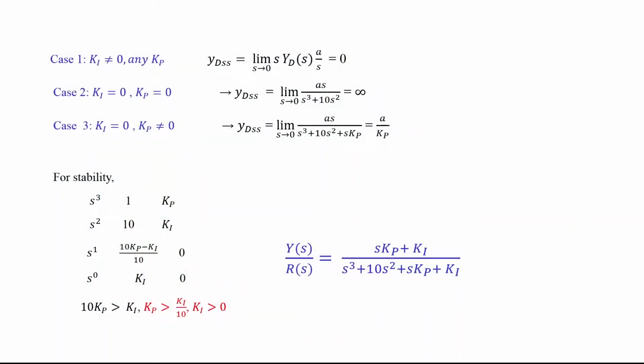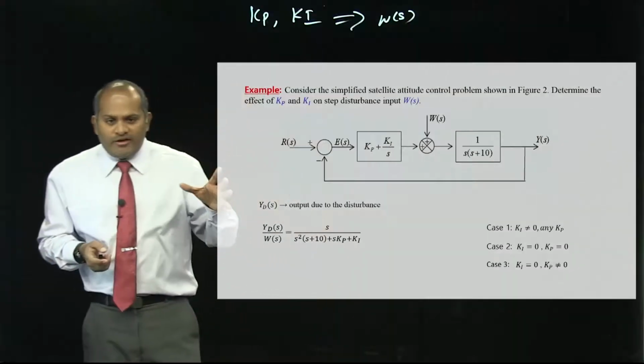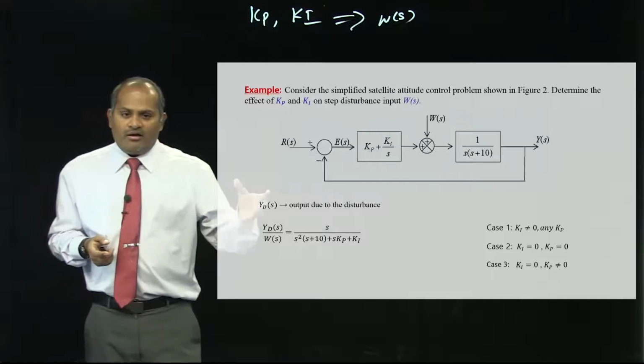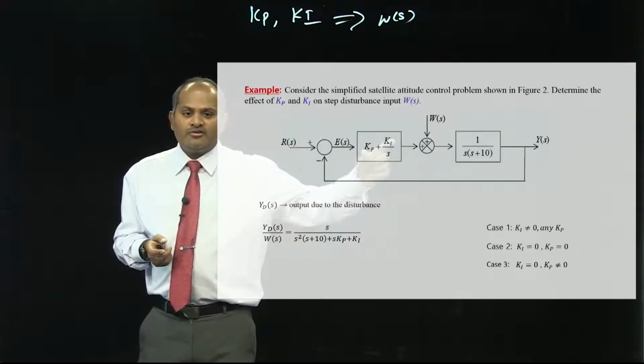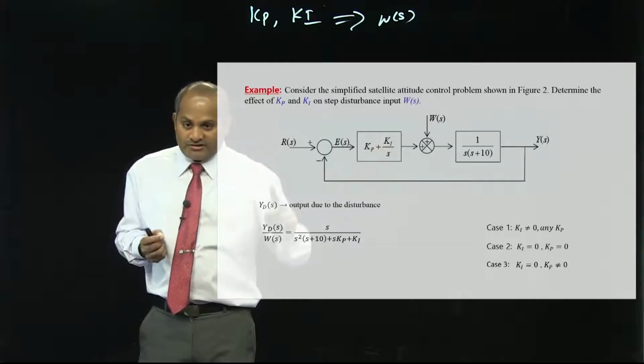Taking these two conditions, I can ensure that when k is greater than 0 and kp is greater than k by 10, the system is stable. So when we need to design this controller to understand the behavior, we also need to know the stability condition, that is the first condition.